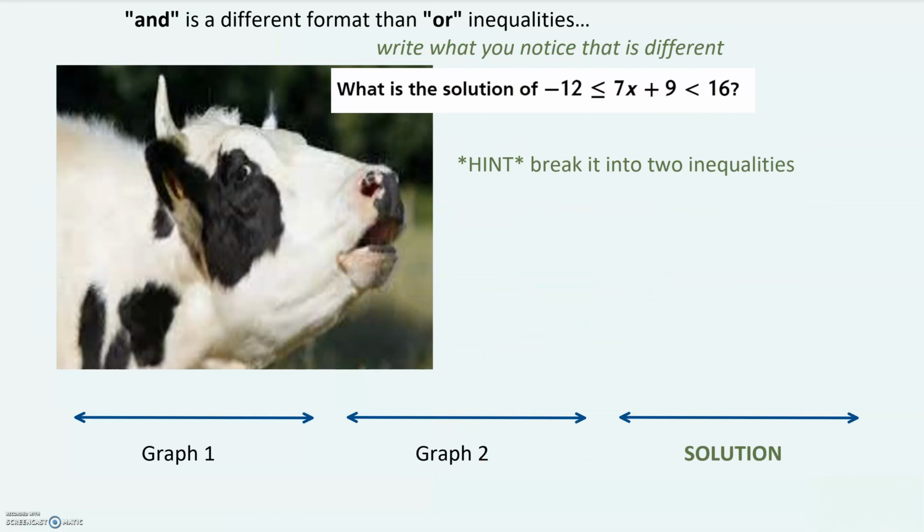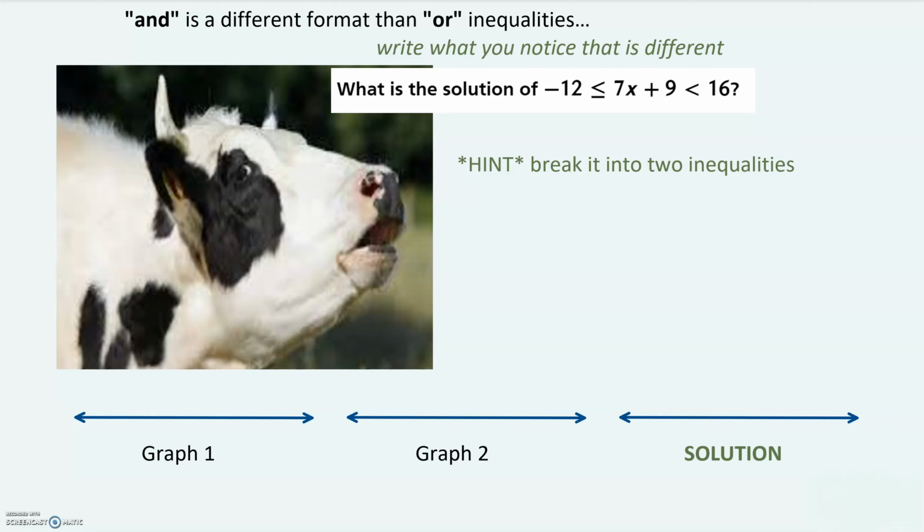In the problem that is typed out, you're going to notice that this is an AND compound inequality. And it is different than the format for those OR inequalities. Take a moment and write on your paper what you notice that is different in the way that it looks, the way that is formatted.